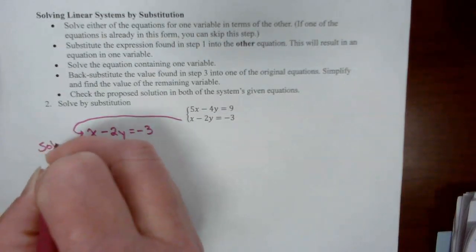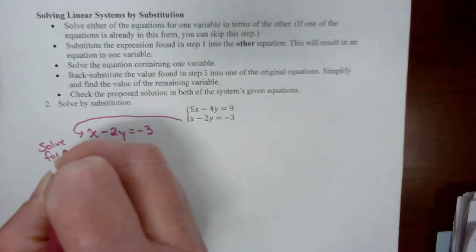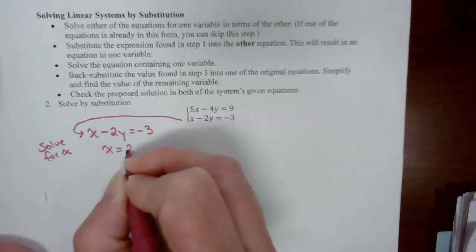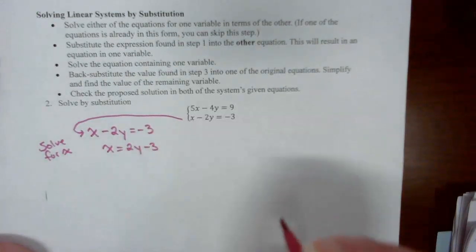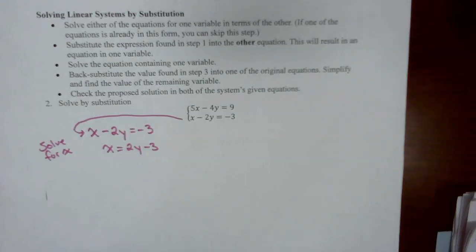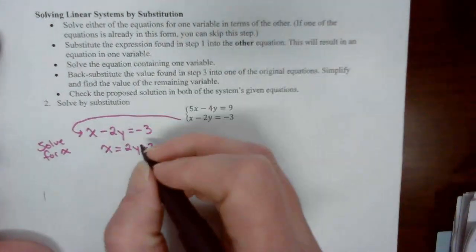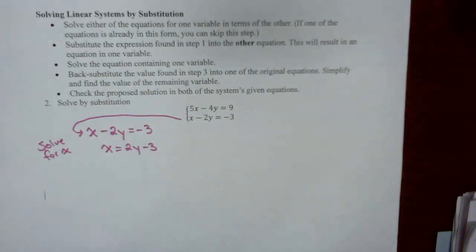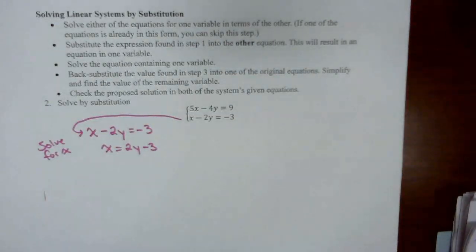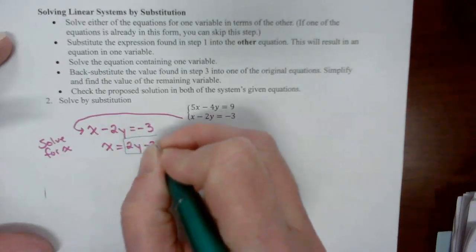In other words, get x by itself. Now that I have x by itself, I have an expression that is equal to x. What that tells me is that anywhere I see an x, I can actually replace it with this expression.